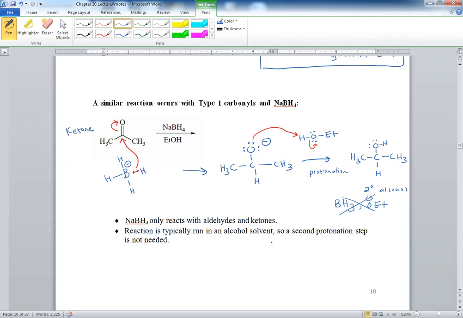Notice I didn't list this as 1 and 2. I just simply said I'm doing them all in one step. So the solvent, this is your solvent, would act as the source of protons for this reaction.